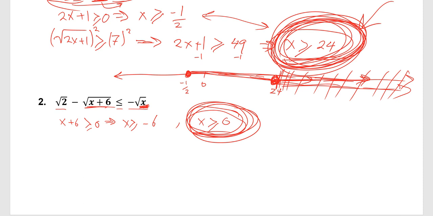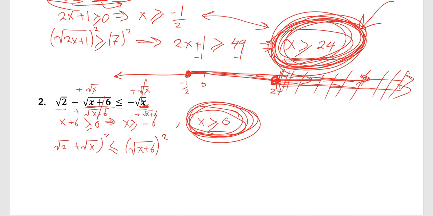And what we could do is some algebraic manipulation, right? We can do plus x plus 6 and then plus x plus 6. Then we can do plus x and plus x, right? These cancel, so we end up with square root of 2 plus square root of x is less than or equal to square root of x plus 6.